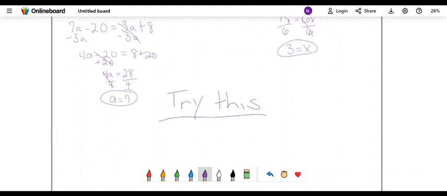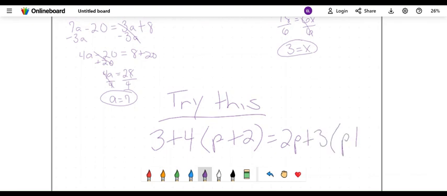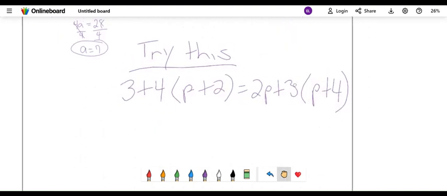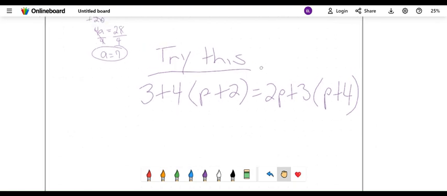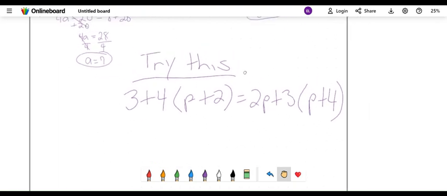I want you to try 3 plus 4 times the quantity p plus 2 equals 2p plus 3 times the quantity p plus 4. There you go. Okay, so you will have to solve this, alright? So that's it for this one.